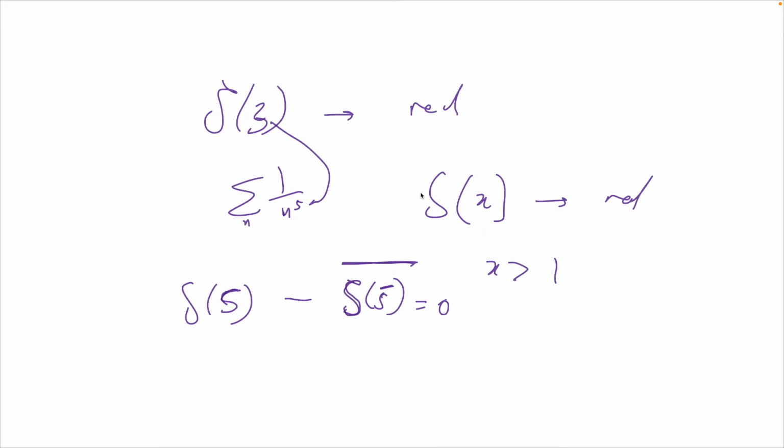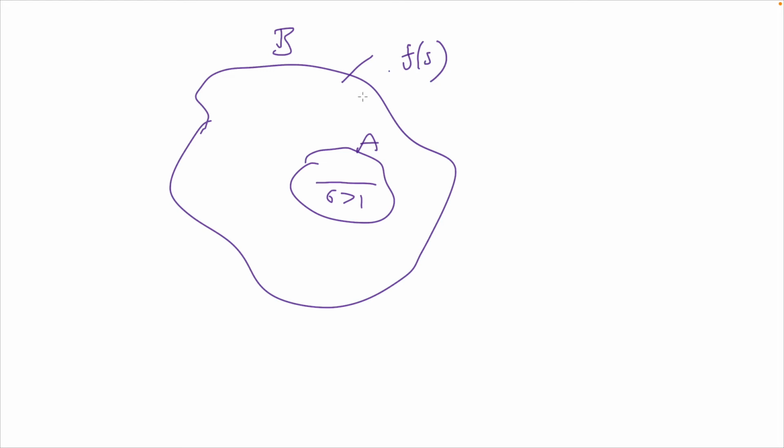Let's draw a picture. So we've got that familiar picture of A and B. This one just happens to be the real line sigma more than 1, and B contains A. Wherever that function is analytic and is connected to A, it's an analytic continuation of that function.